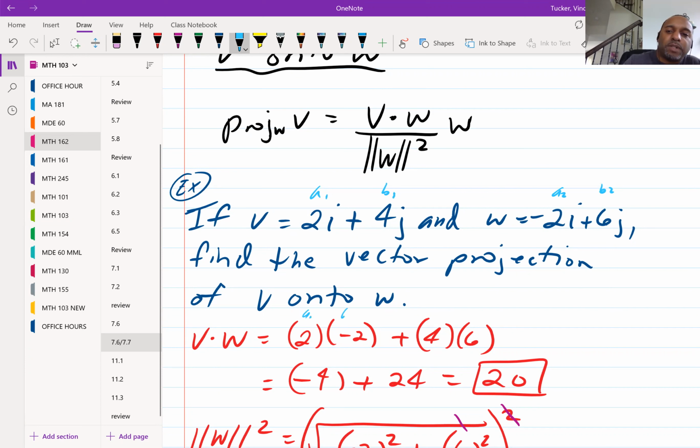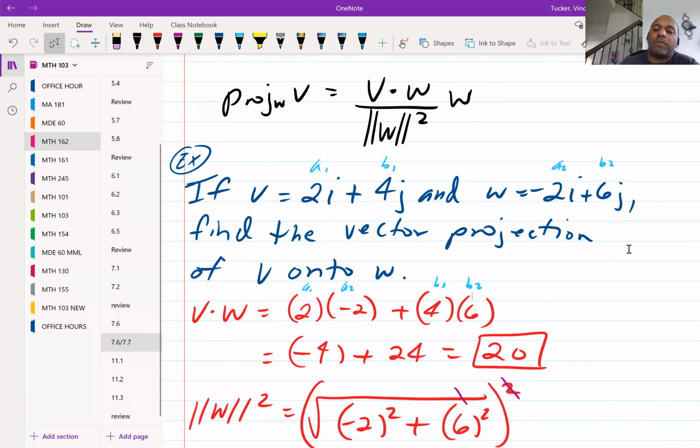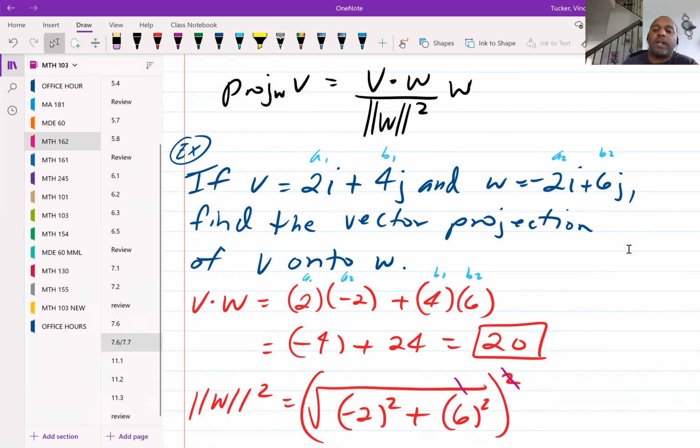So for the dot product, A1 times A2, 2 times negative 2, plus B1 times B2, 4 times 6. So that's negative 4 plus 24, which is 20. So that's your dot product.